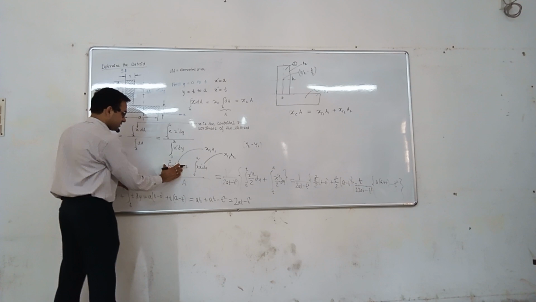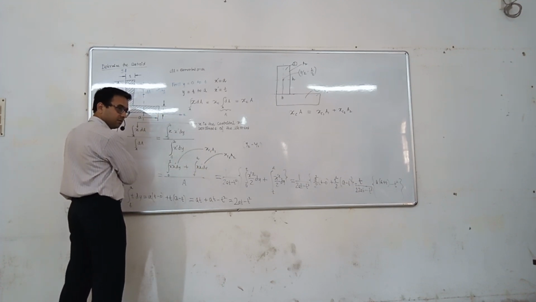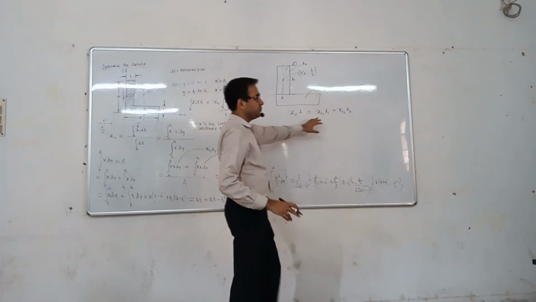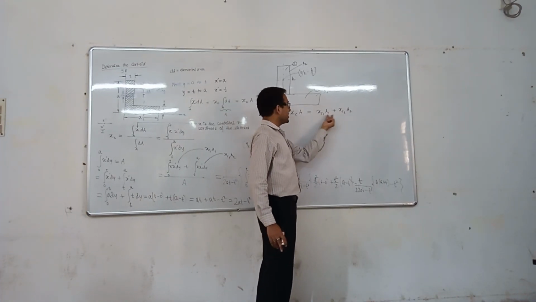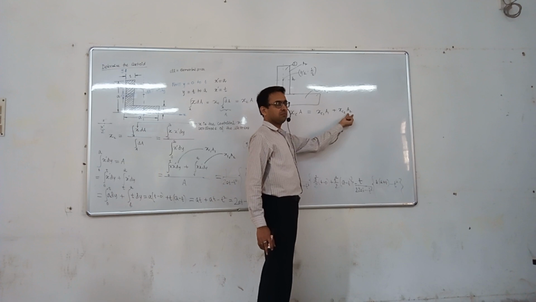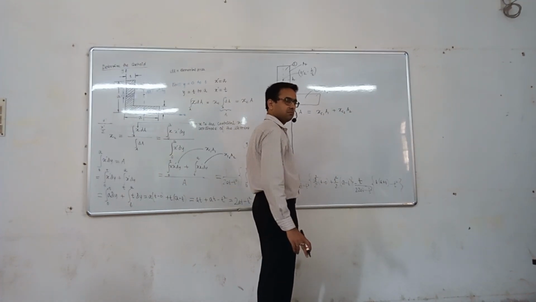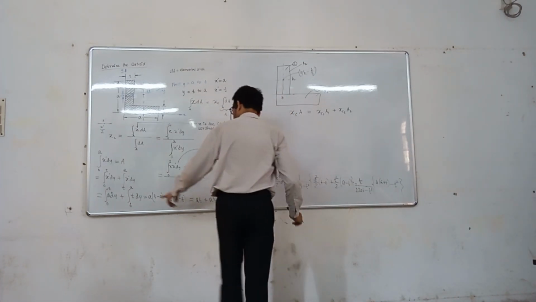So xc1 A1 plus xc2 A2 is equal to xc into A. Instead of this integration, I can write simply this. Since these are known and also these areas are known, I need not go for this calculation. So the area is known.